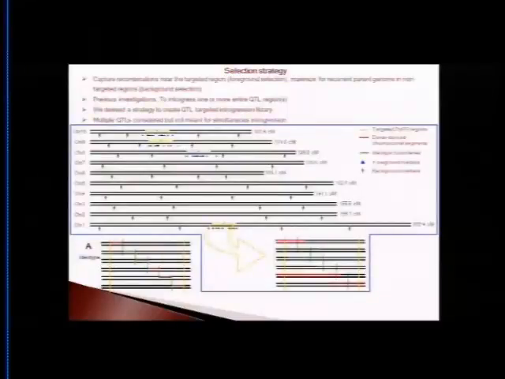This has been done using marker-assisted selection and capturing recombinations that are near the targeted region, which is called foreground selection, or by maximizing the proportion of recurrent genome in the non-targeted areas, which is background selection, or a combination of both these strategies.